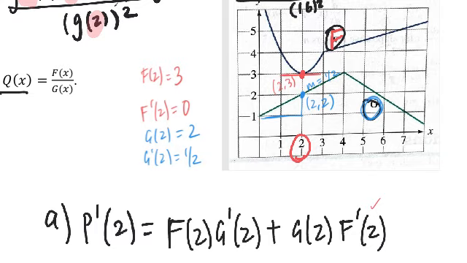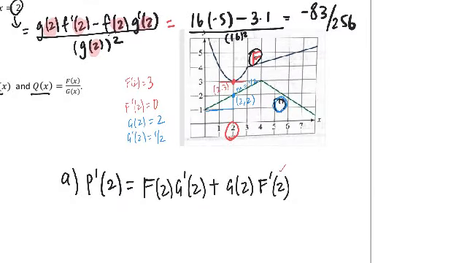So we need to just make sure we get all that right. And then it's a matter of just putting it into the equation. 3 times 1/2 plus 2 times 0 is 3/2, not 3.5, right? 3 times 1/2, numerator times numerator, denominator times denominator. That's 3/2.